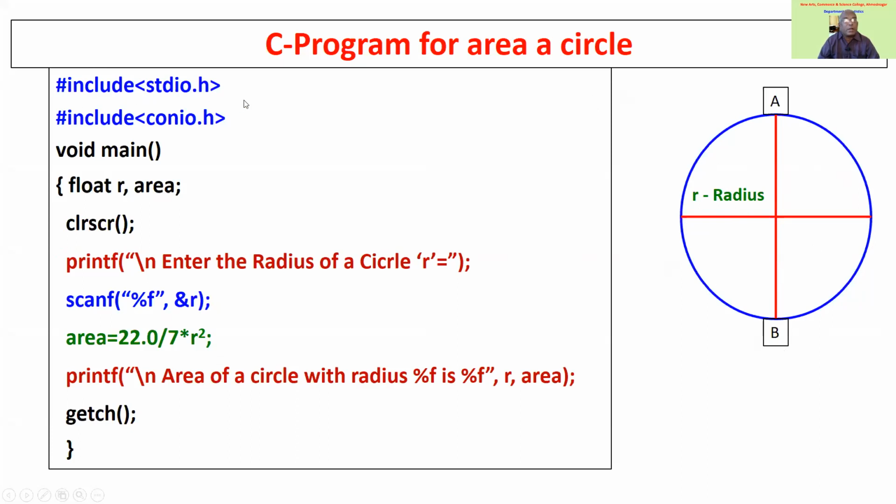#include <stdio.h>, #include <conio.h>. I think now you are quite aware why we are using stdio.h and conio.h, because we are using some of the functions from these libraries. So float r, area.